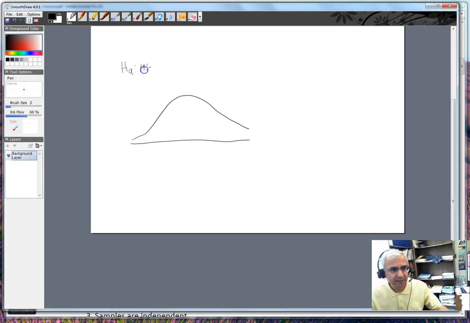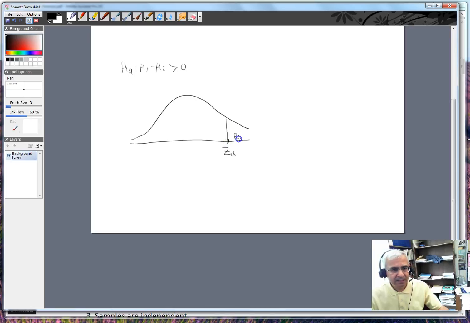Say mu1 minus mu2 is greater than some value, even if it's 0. So this means that my critical value is going to be up there in the upper tail, call it Z alpha. And this point is going to divide this region into two parts.